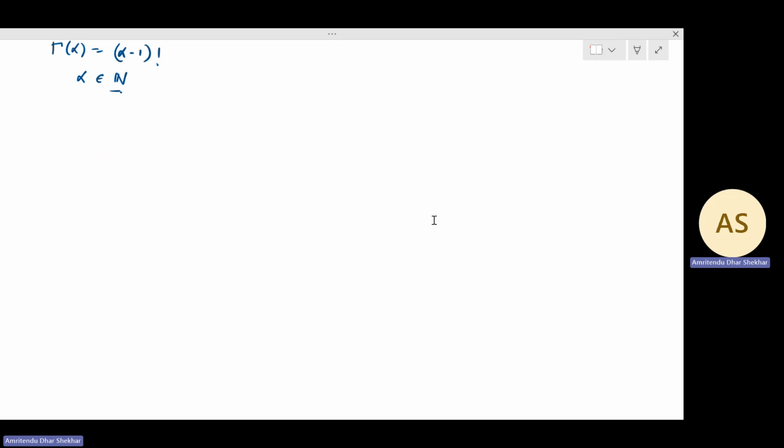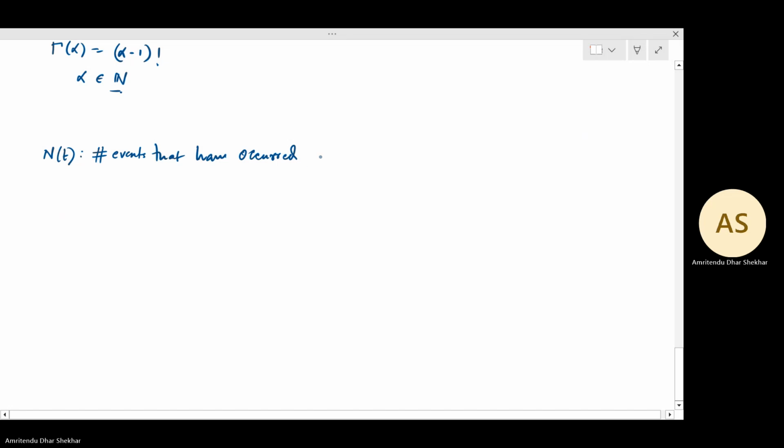So we keep track of a random variable which we're calling NT, where NT counts the number of events that have occurred till time t.